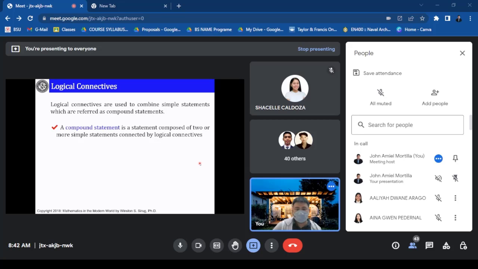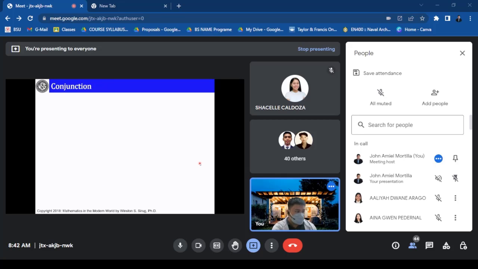Logical connectives are used to combine some simple statements which are referred as compound statements. So these are the following compound statements. So or, not, if, then, and, exclusive or, if and only if. So these statements, kapag hindi siya compound, is called a simple or atomic.